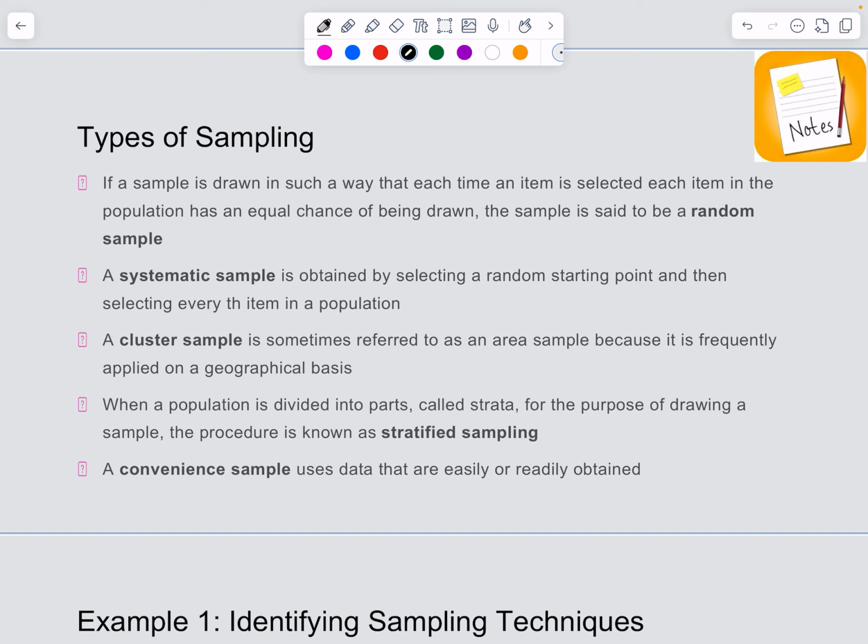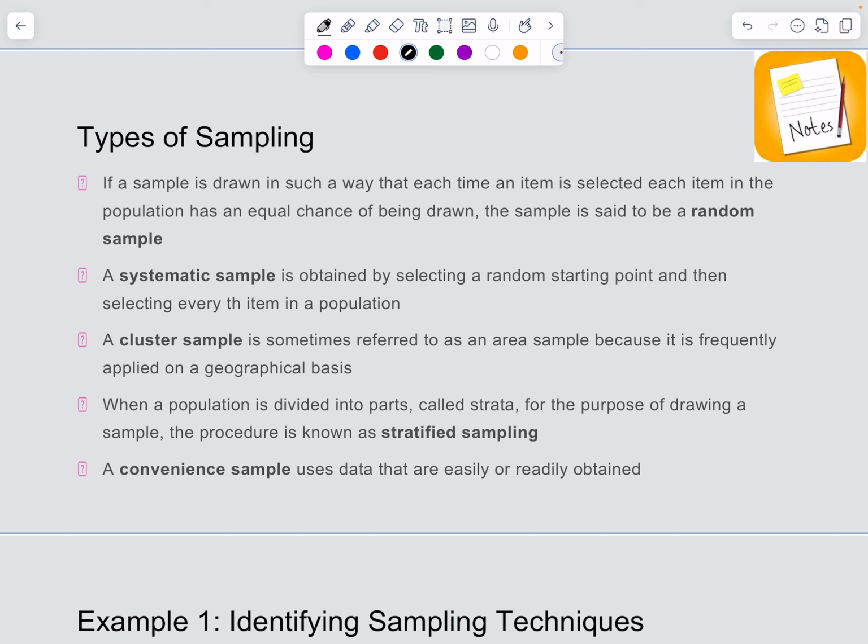A systematic sample is where you have a random starting point and then you select every nth item. For example, if you put everyone in one line and then said, I'm going to take every third person, 1, 2, 3, you come in, 1, 2, 3, you come in, 1, 2, 3, you come in, and everybody that comes in is going to answer some questions.